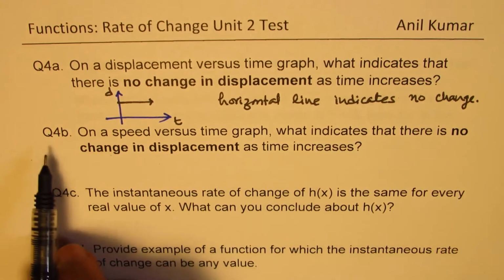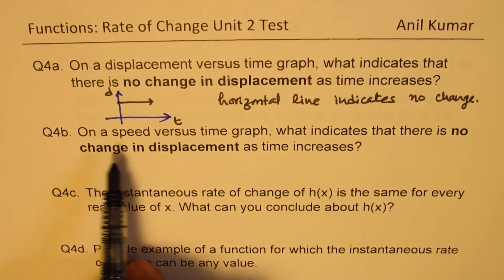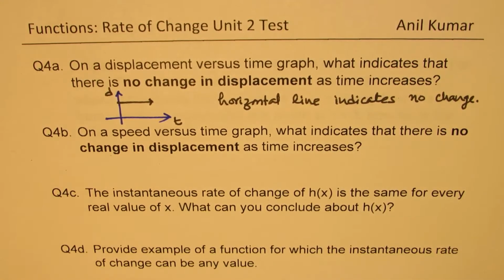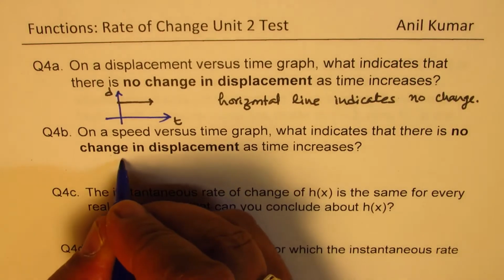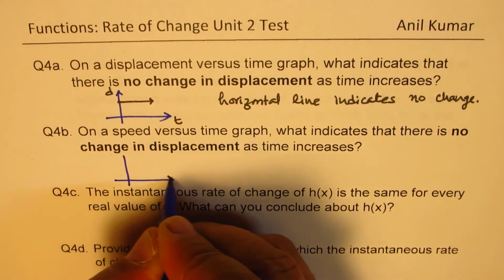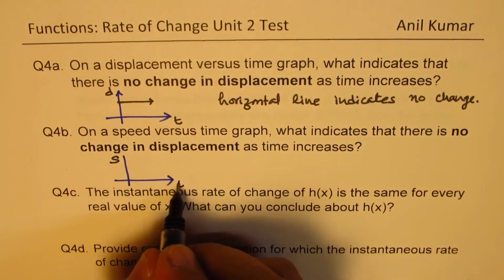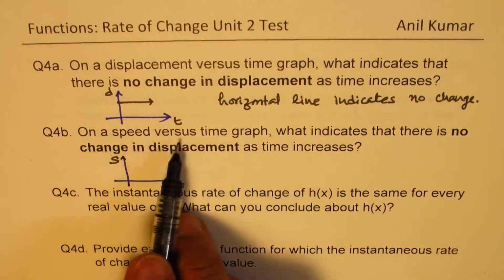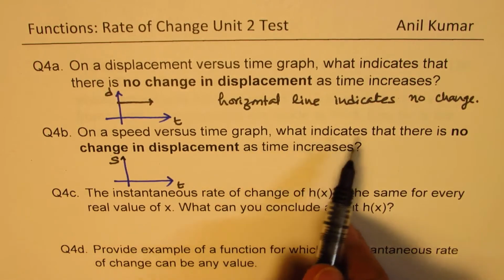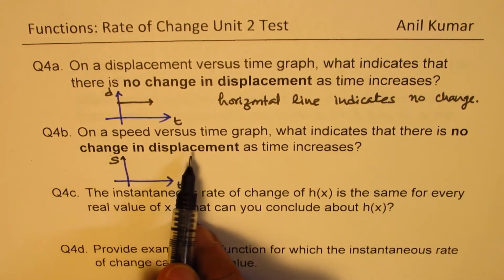No change. Now part B is on a speed versus time graph. So this time we'll look into velocity or speed versus time graph. So let's have speed S, right? And time t here. On a speed versus time graph, what indicates that there is no change in displacement?